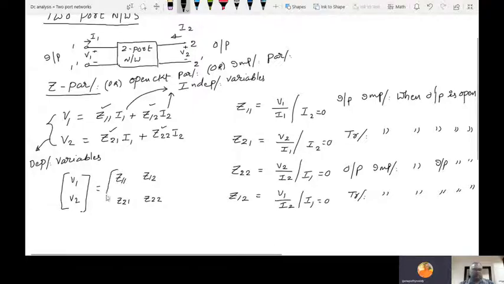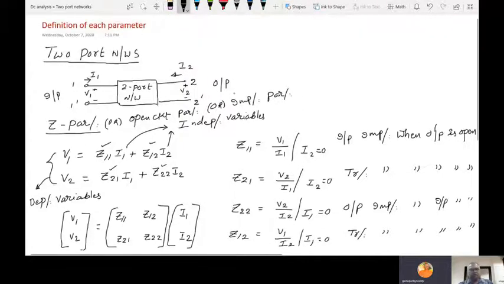So that is the meaning of matrix notation. So like this we can write. So Z parameters definition over.